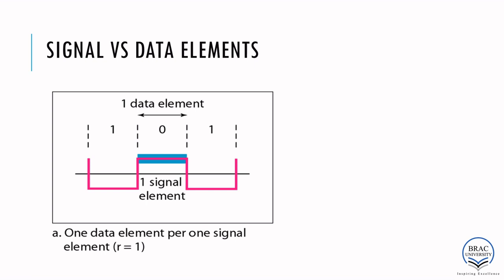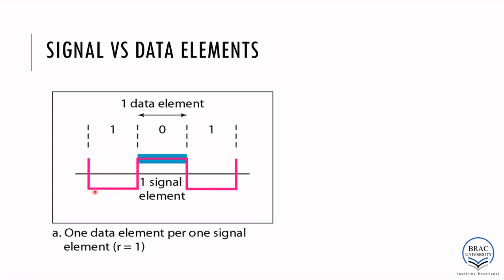Similarly, a signal element can carry one piece of data, it can carry multiple pieces of data, or one piece of data may be carried by more than one signal element. All these scenarios are probable. Now look at the first scenario.